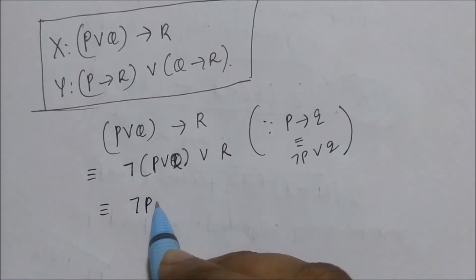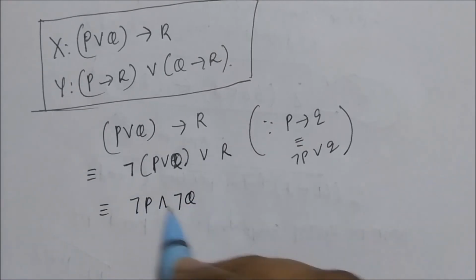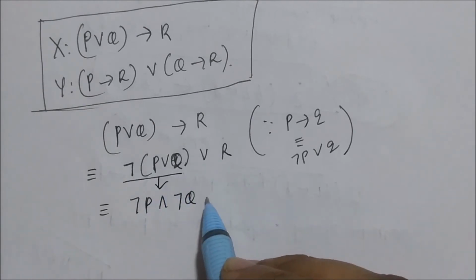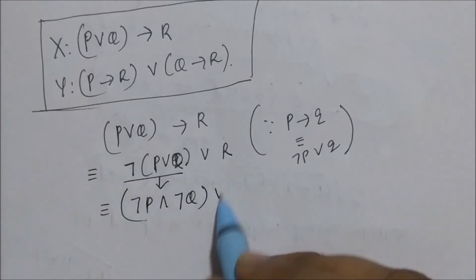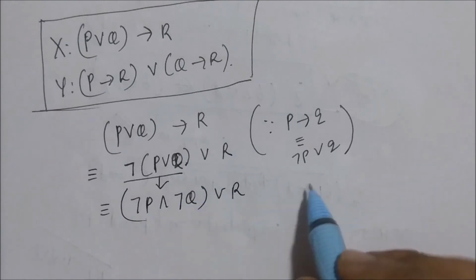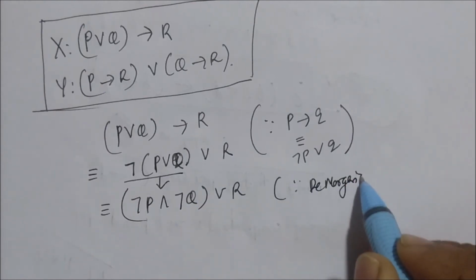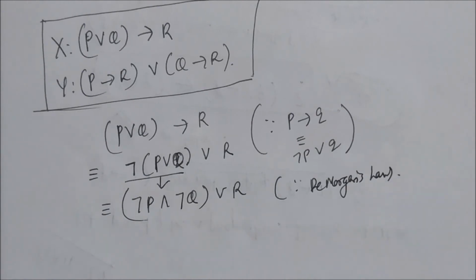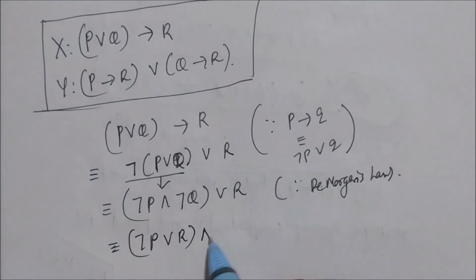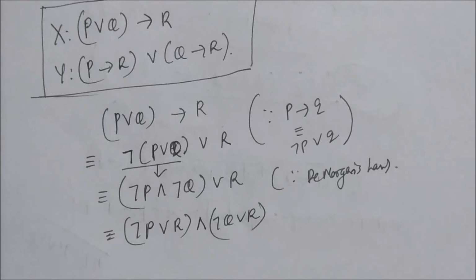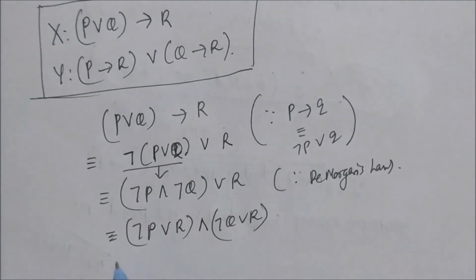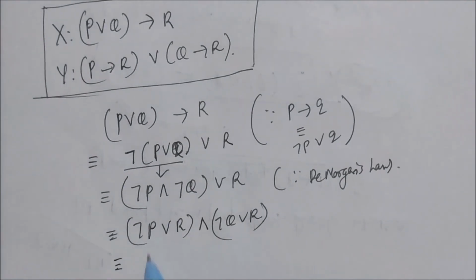Now not of P or Q, or R, is the same as not P and not Q, or R. We just applied De Morgan's law here. Now not P and not Q, or R, is the same as not P or R, and not Q or R. We just did the distribution law, so we just distributed disjunction over conjunction.